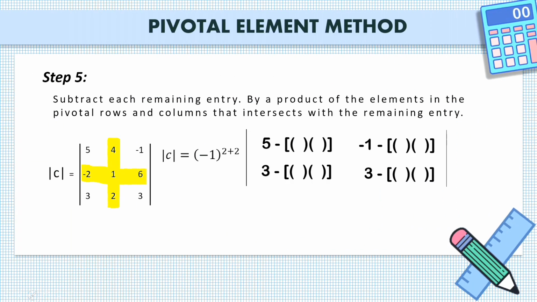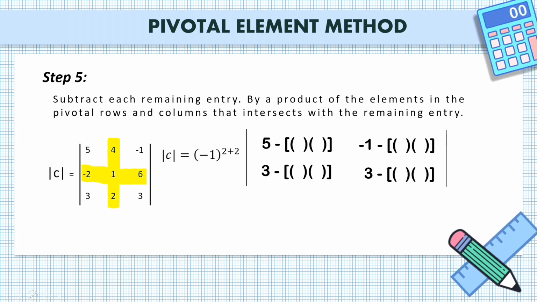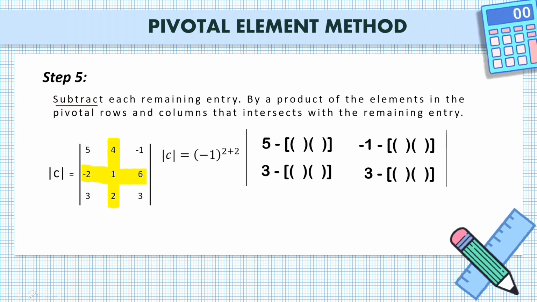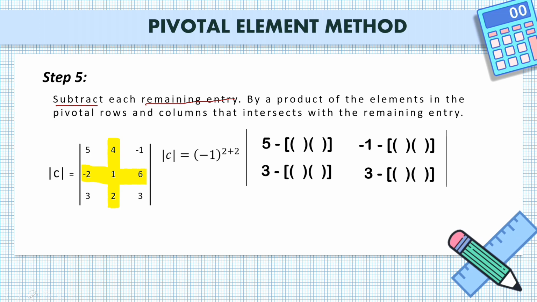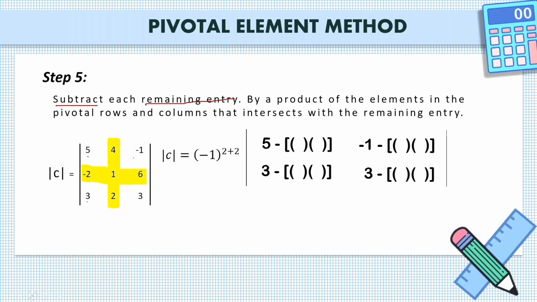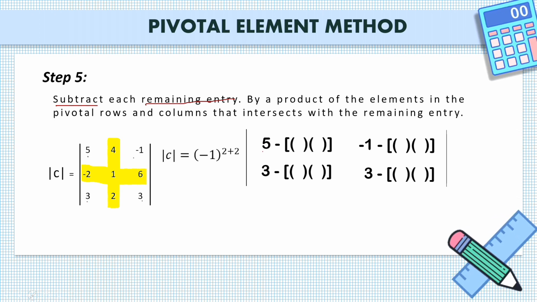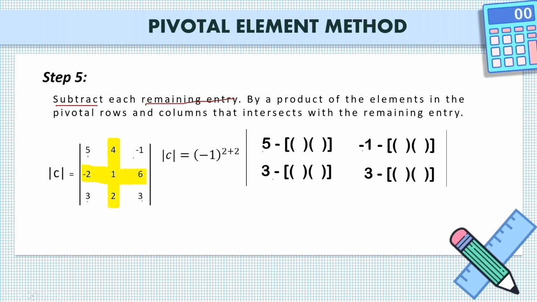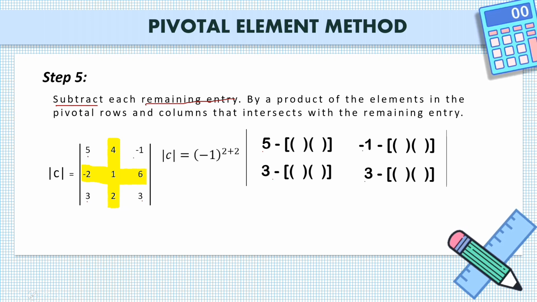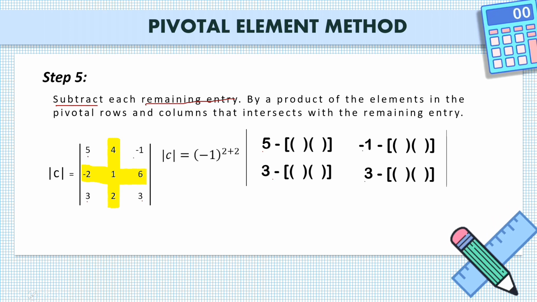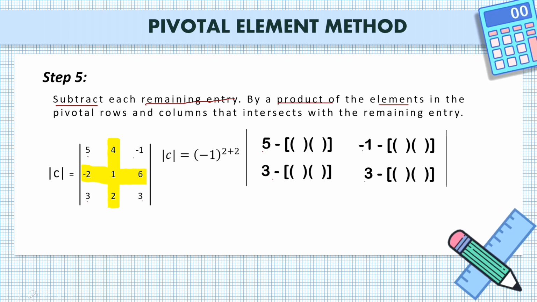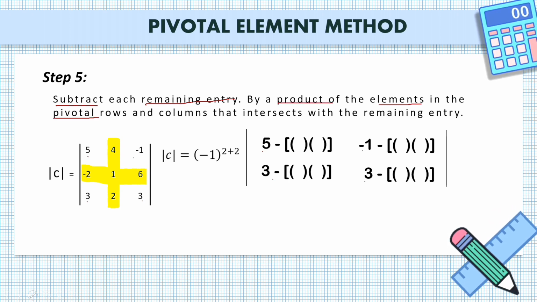So, step 5, isasubtract daw natin ang mga remaining entry o yung mga hindi naka-highlight na element. Ito yan, ang 5, -1, 3, and 3. Ayan. And by the product of the elements in the pivotal rows and columns. Asaan po ba ang pivotal rows and columns natin dyan?